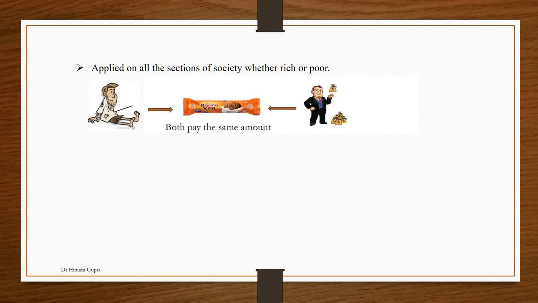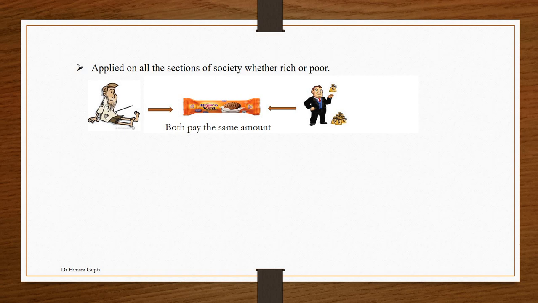Now let's take our example. Suppose the rich as well as the poor went to the market to purchase a packet of biscuits. So both have to pay the same charges irrespective of income earned. If the packet of biscuits contains 1 rupee as a tax, so if a rich person is purchasing, he also has to pay 1 rupee as a tax, or if a poor person is purchasing, he also has to pay 1 rupee as a tax.